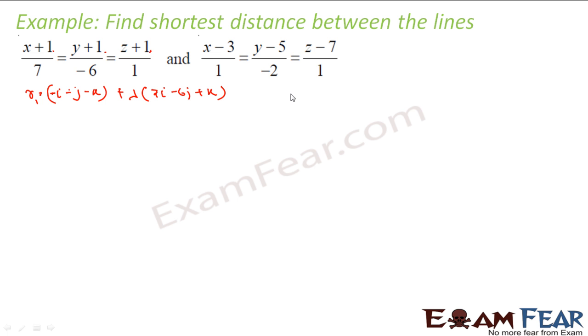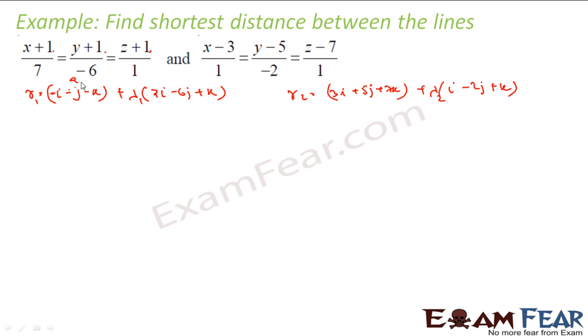This is my r1. r2 I'll get is 3, 5, 7. So 3i plus 5j plus 7k plus lambda into 1, minus 2 and 1, that is i minus 2j plus k. So this is my equation.